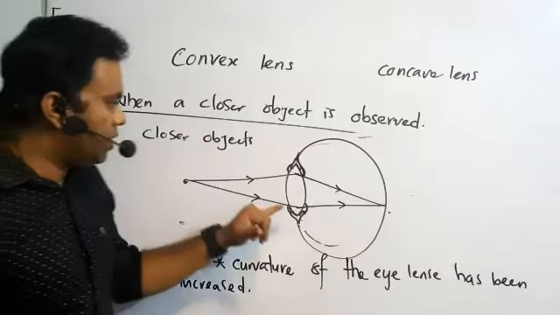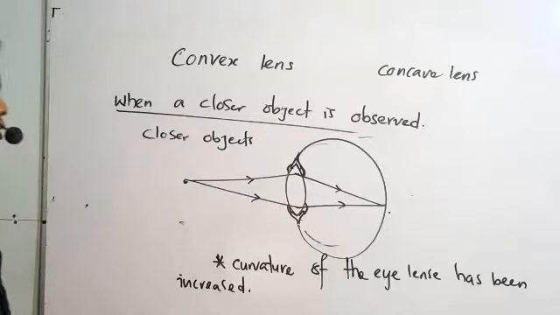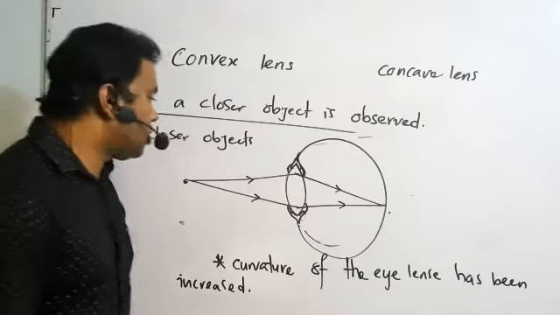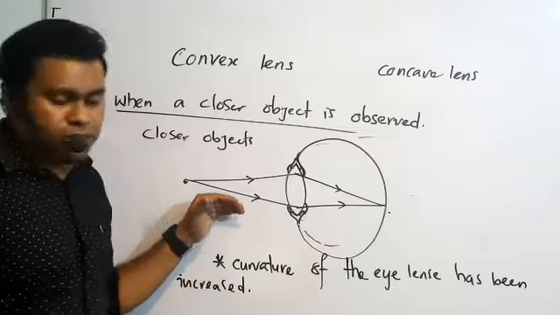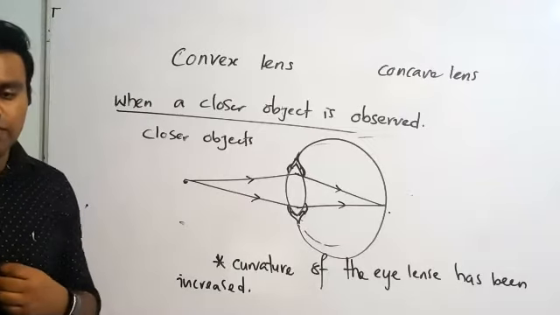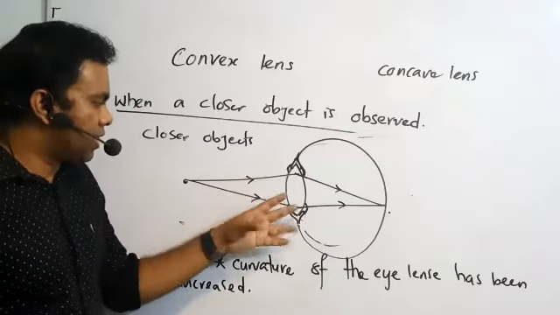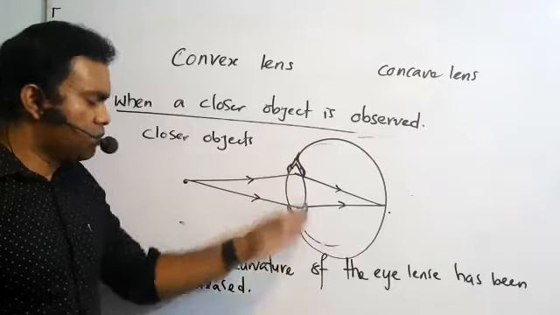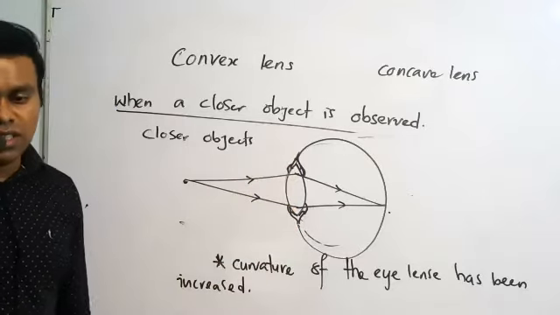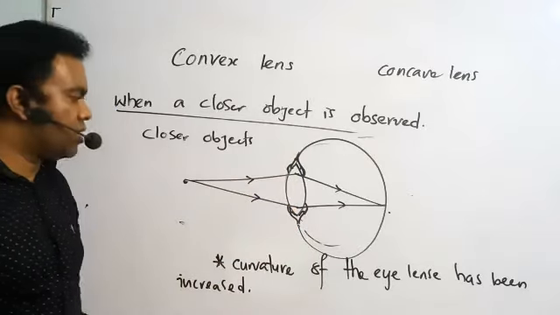Here it has been increased. Okay, what happens when an object situated far away is observed? Ciliary muscles relax. The eye lens comes to the original curvature. That means less curvature.